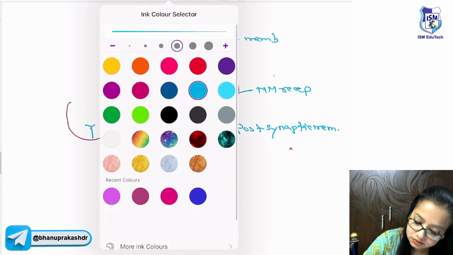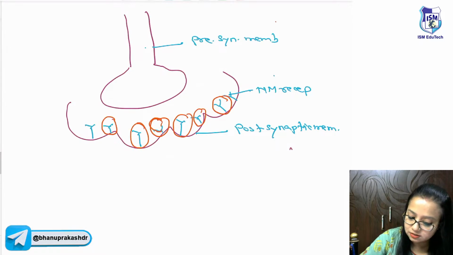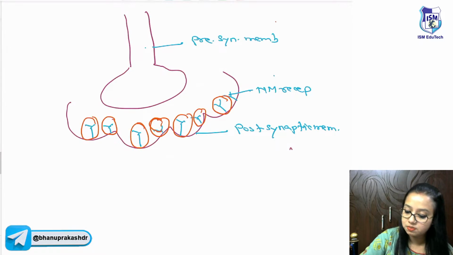In case of myasthenia gravis, there are antibodies raised against this NM type of the receptor, NM type of the acetylcholine receptor.